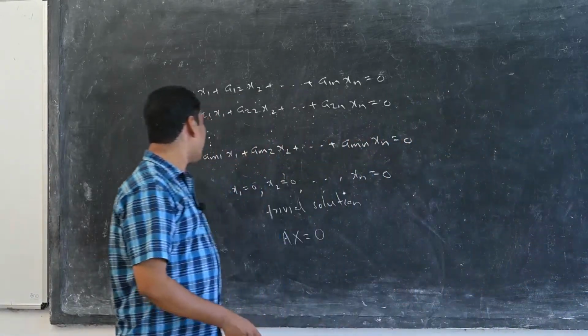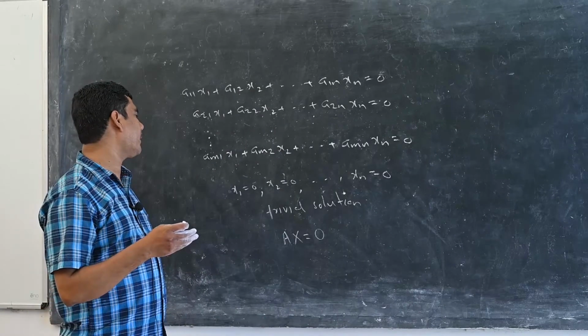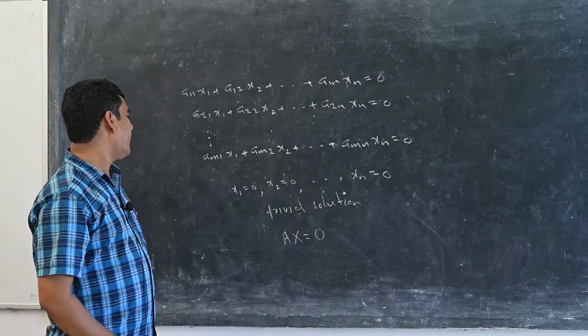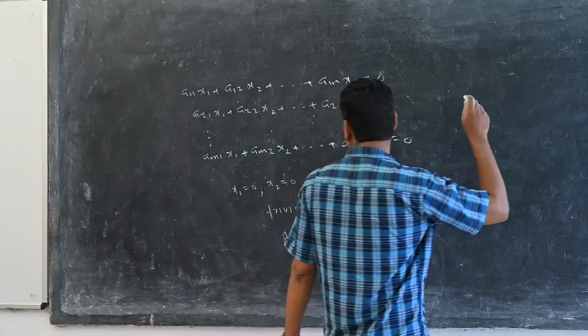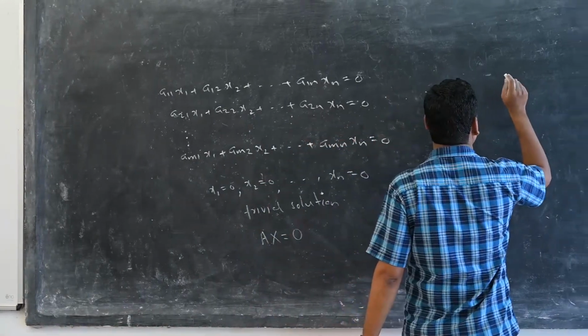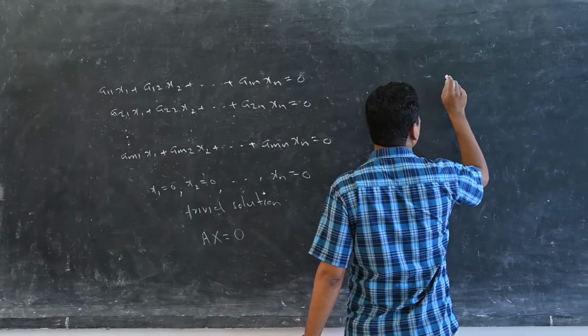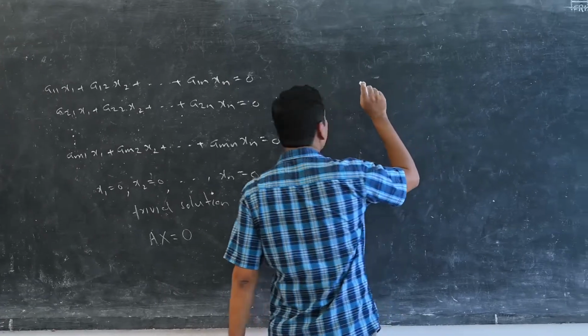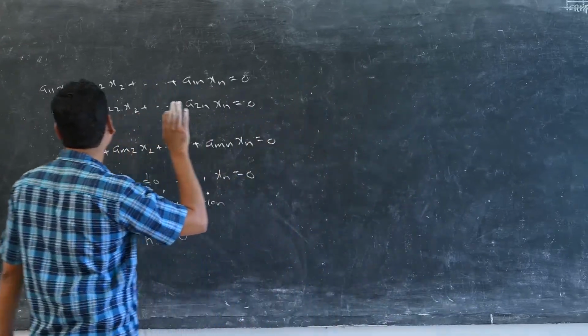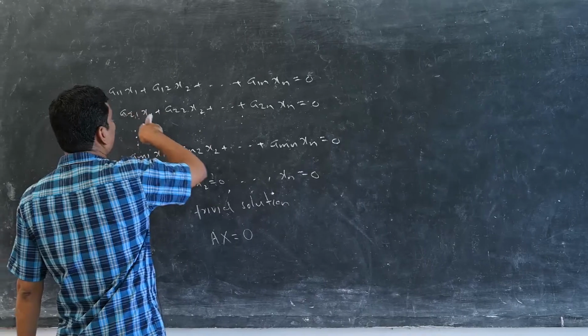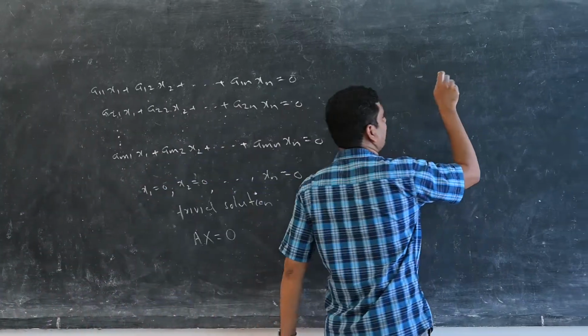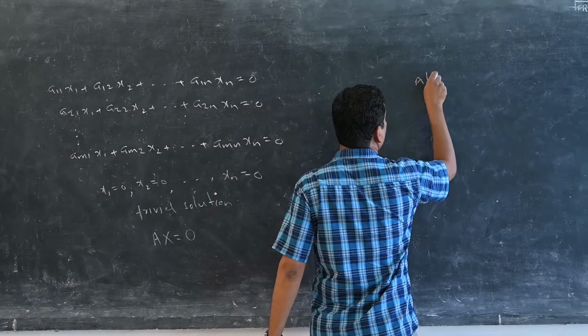Now we find the row reduced echelon form of this augmented matrix A0.